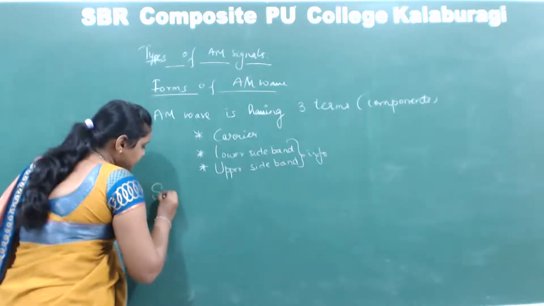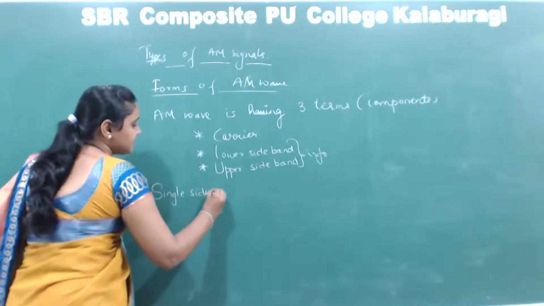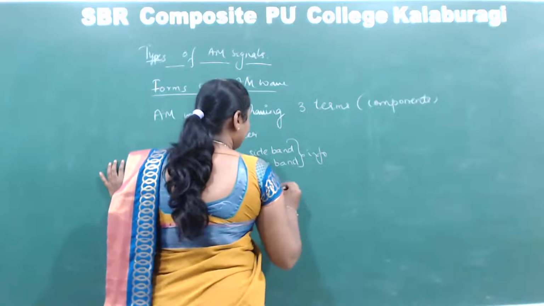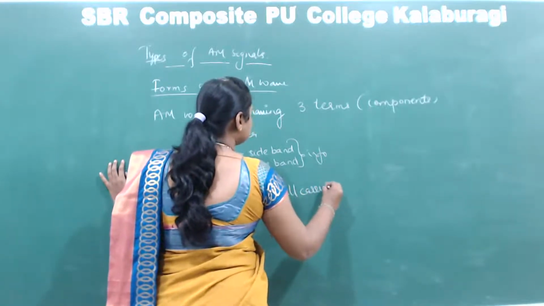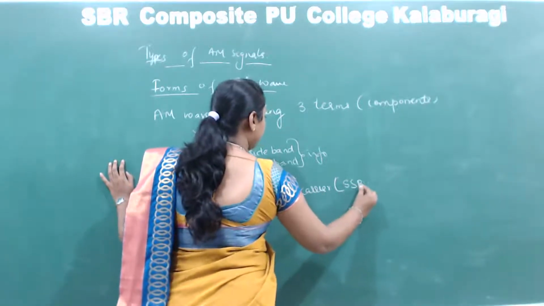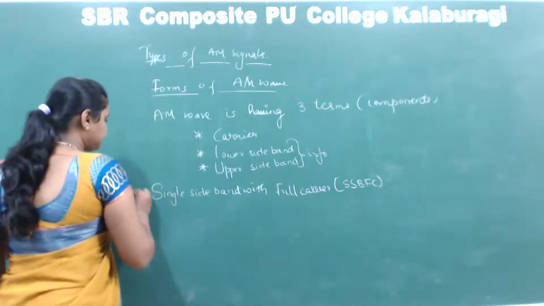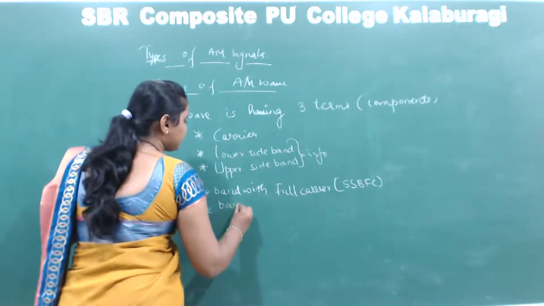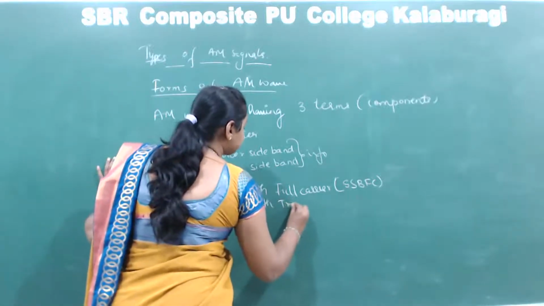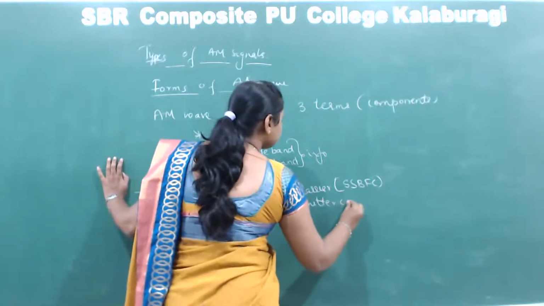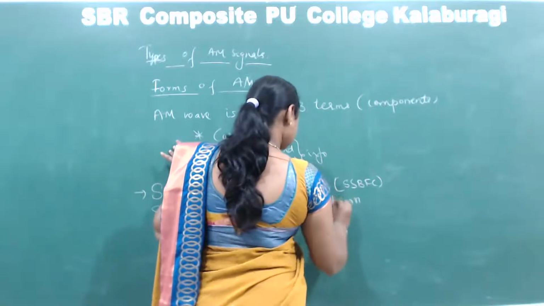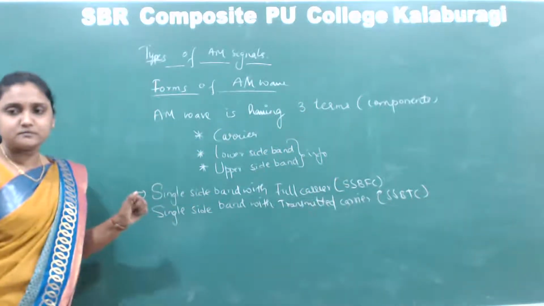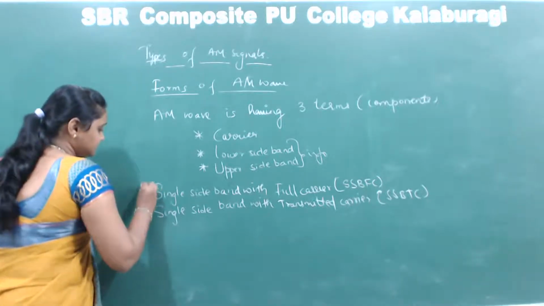The first form is called single sideband with full carrier, SSBFC, single sideband with full carrier, which is also called by another name for the same concept, single sideband with transmitted carrier, SSBTC. What does this mean? I will explain to you. This is the first one.